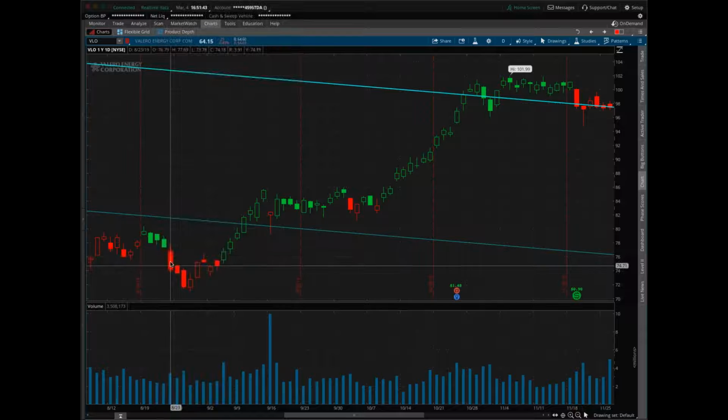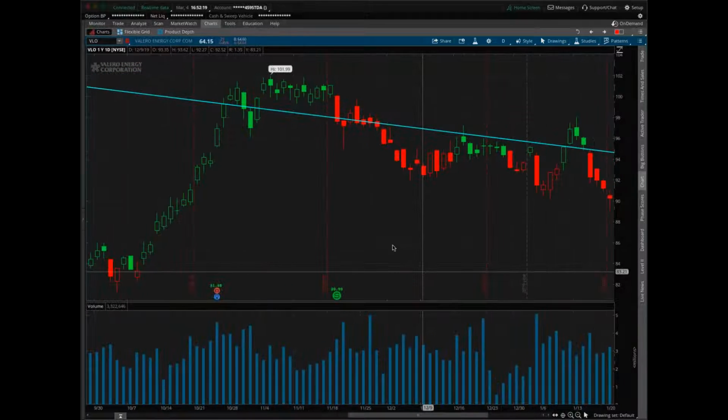The closed candles, the filled in candles, those are red days, which are negative days, meaning that it opened at a price and it closed lower than that price. So the green candles are no longer green days, the hollow candles are green days, and the filled in candles are going to be negative days.